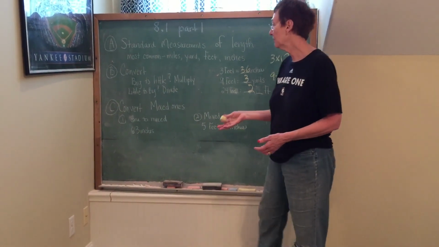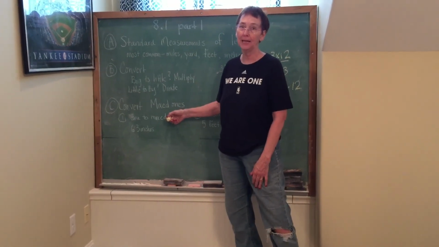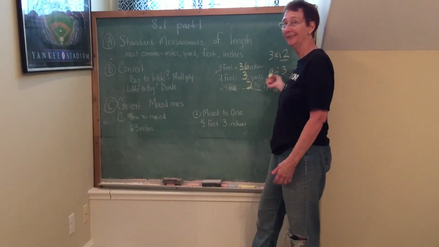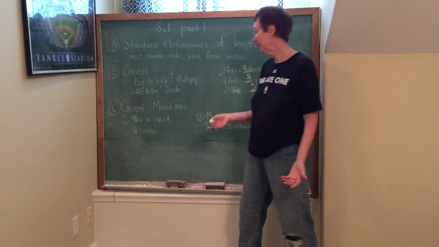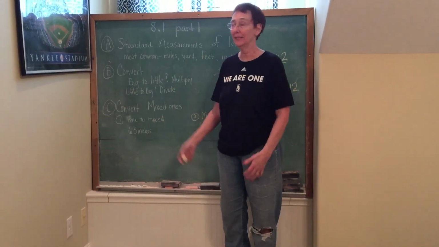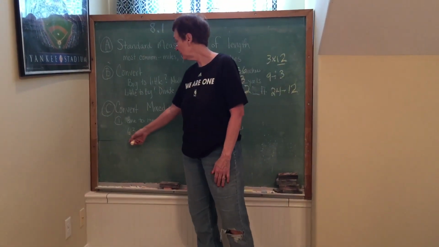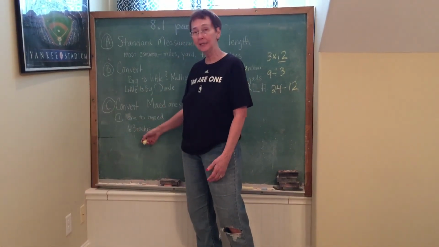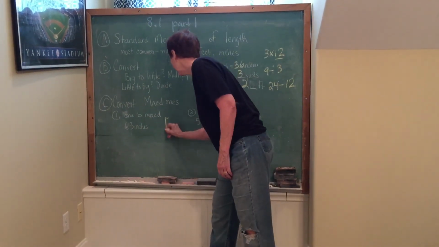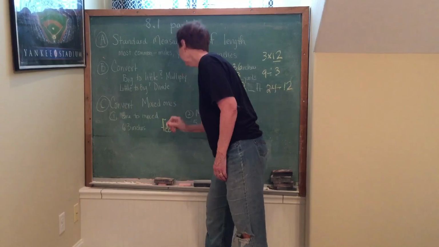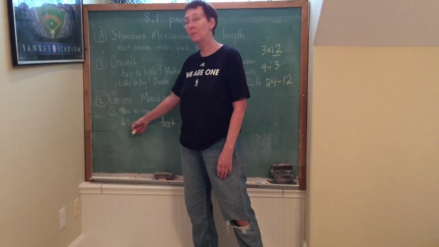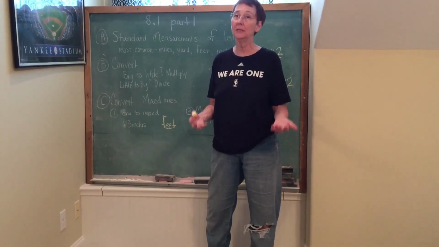Well, what happens if they're mixed up ones? Okay? For example, these all divided nice and easy. But what if they didn't divide nice and easy? For example, if I've got 63 inches, it's in inches, and I want to convert that into feet. Okay? Well, we're going from a small to a big, so I know I'm going to be dividing.